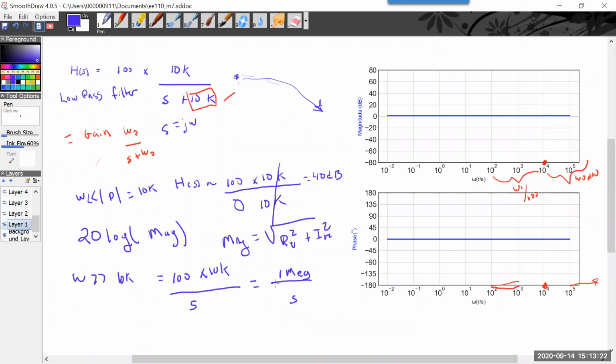So this is the integrator that we have, except it's being scaled.